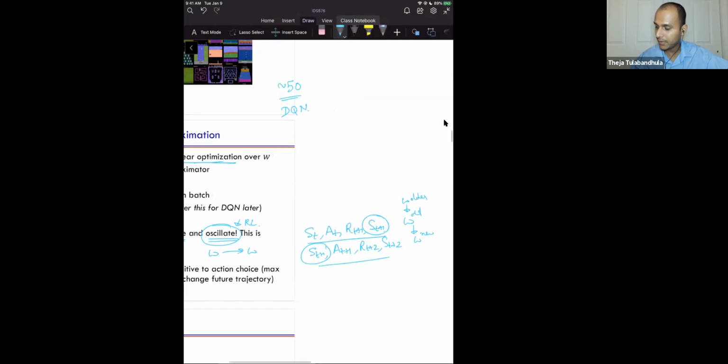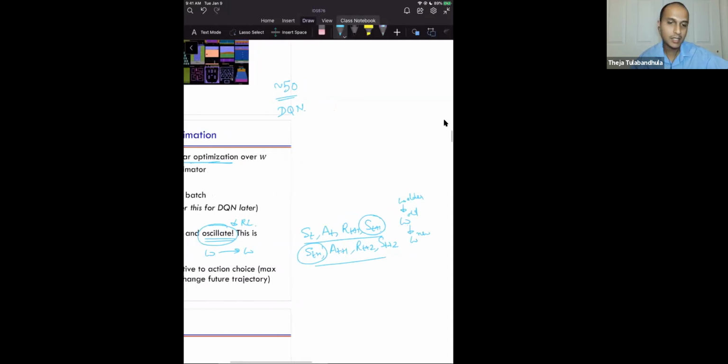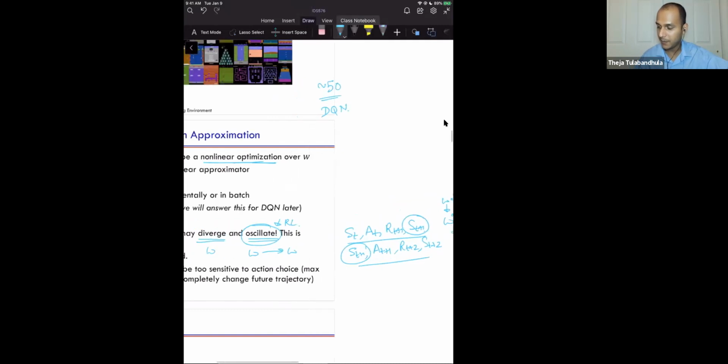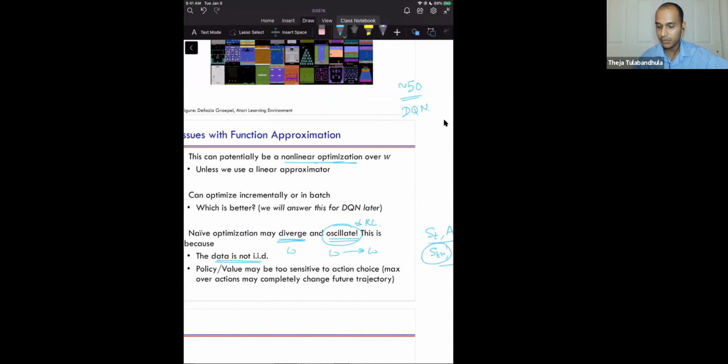You can see that there's dependence across observations. This dependence is not there in supervised learning. You can permute your observations, it doesn't matter. That leads to weird things like the W's oscillating, in addition to what you would see in supervised learning based training. Policies may be pretty bad and so on.